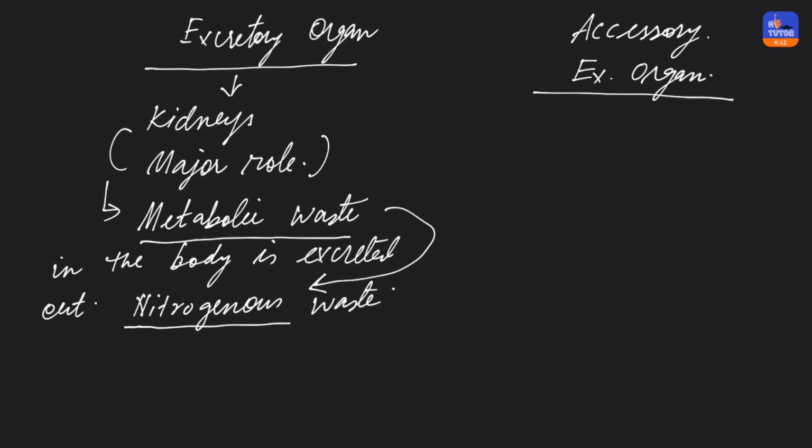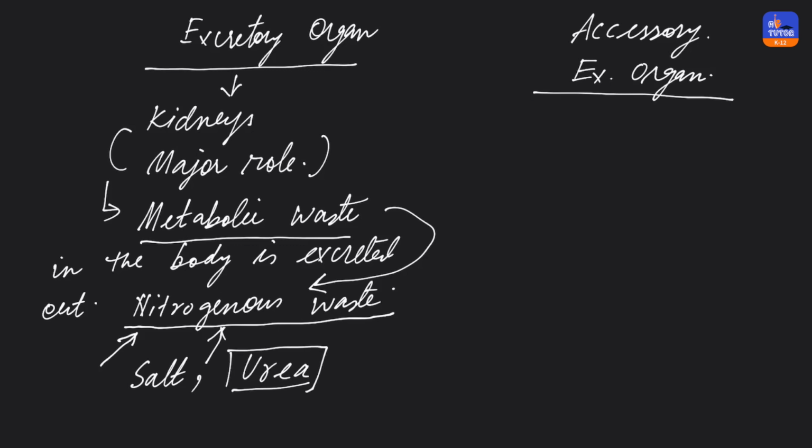Slowly I will explain how this word came, from where we got nitrogen. Also, excessive salt from the body is thrown away. Urea is thrown away. Now, how is this urea formed? That I will also explain. Just slowly build your concept.